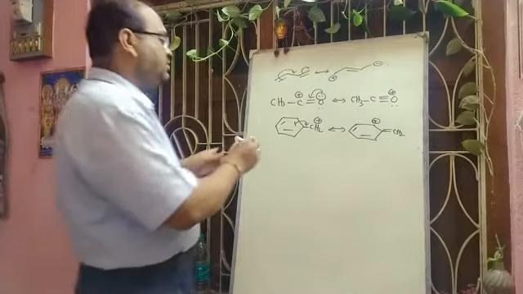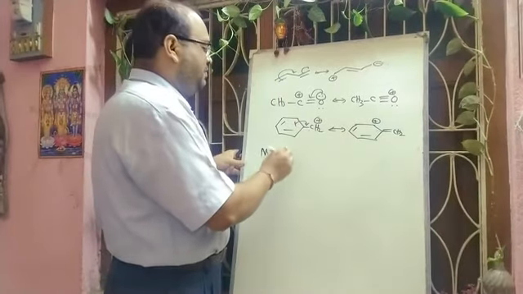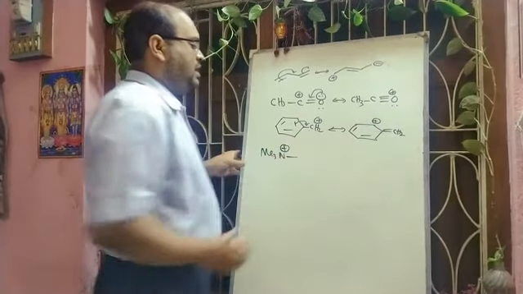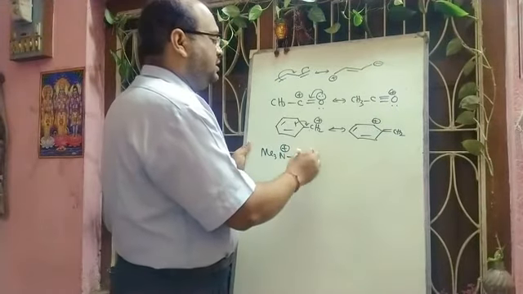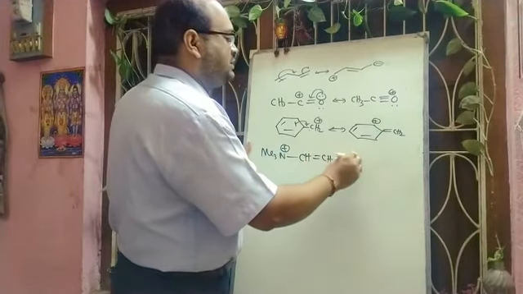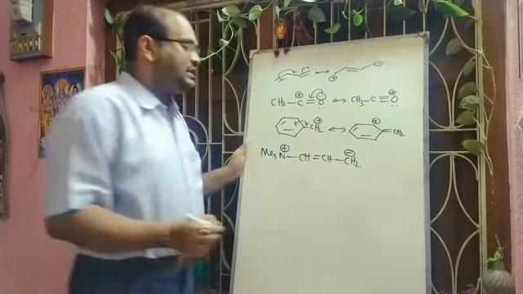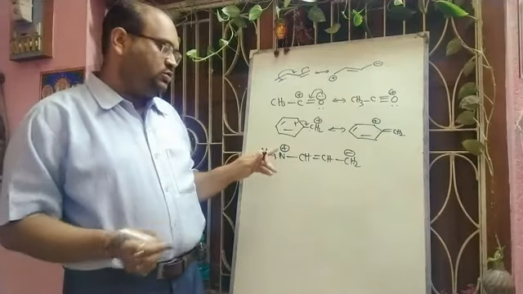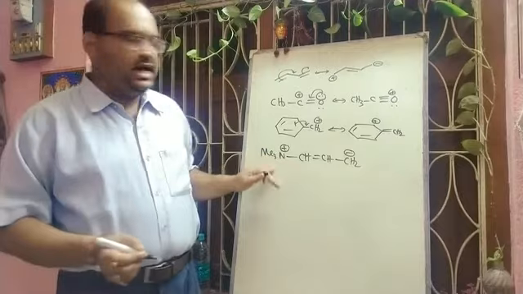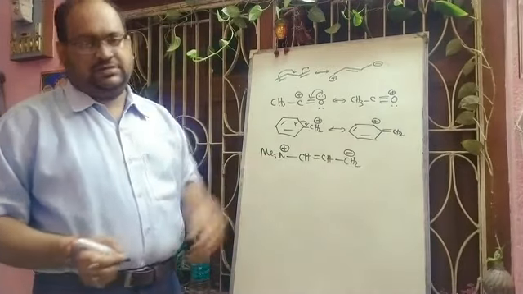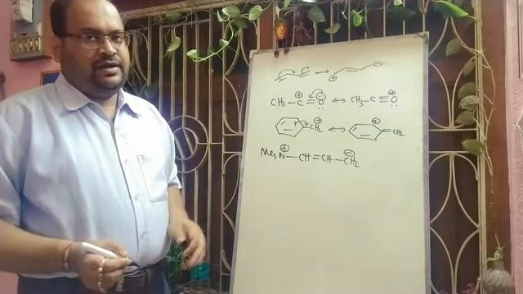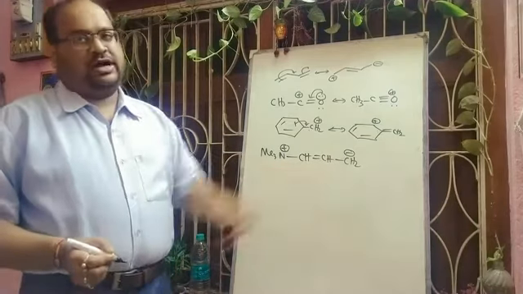We can think about Me3N+ and then CH=CH-CH2 minus. So here the positive and negative charges are far away, between 4 atoms, between 1, 2, 3, 4 atoms.